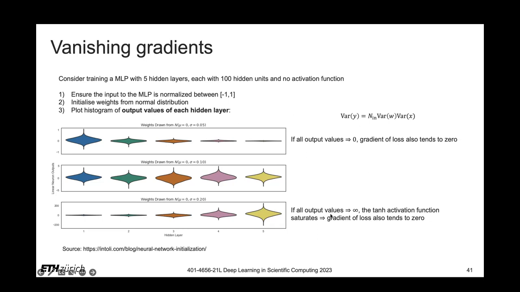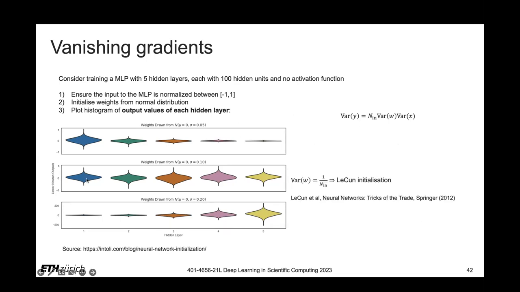But conversely, if the outputs all just go to infinity, then if we're using a tanh activation function, you can imagine on this layer the tanh function just gets saturated because its inputs are very large. And so then you have that saturation issue in the gradient, and then you also get a flat loss function. So we really want to make sure that we initialize our networks properly using weights in the middle here.